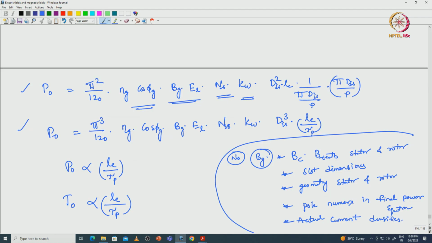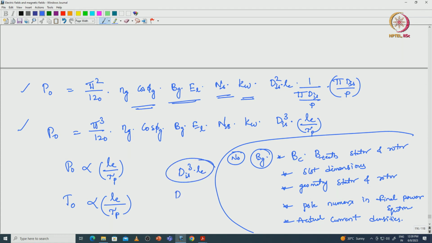So, in order to make an accurate power equation to find the dimensions, we have to use a different type of equations that we will discuss in the next lecture, that is nothing but the D2L equations.